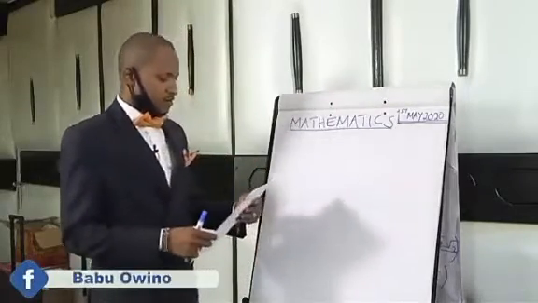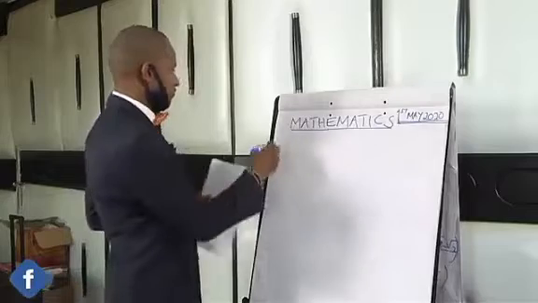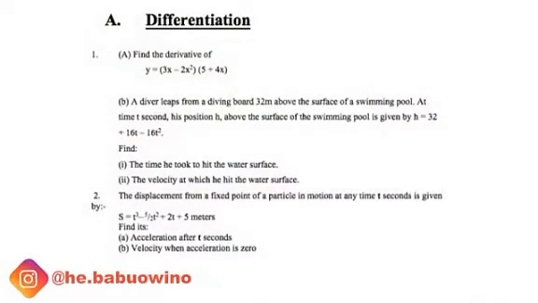Number one, we have differentiation. Question number one. Find the derivative of y equals (3x minus 2x squared) multiplied by (5 plus 4x).